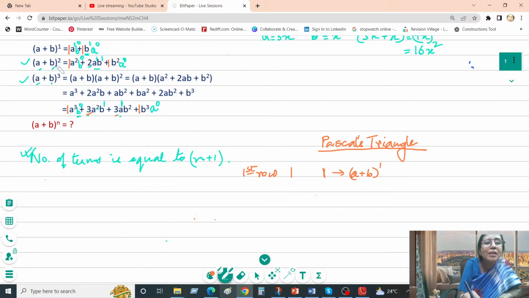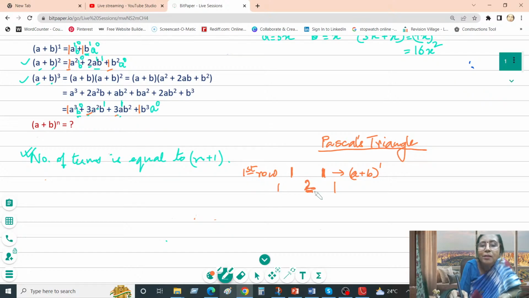When it is a plus b raised to the power of 2, we see it always starts with 1 and ends with 1. So we can safely write 1 over here and 1 over here. And there will be some number over here as well. How do I get that number? We will be adding these two ones from the previous row, just above this place. 1 plus 1 is 2.